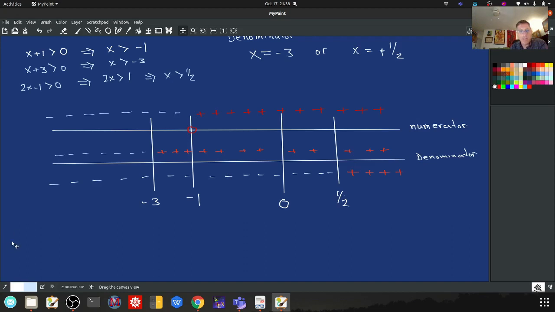So if I start down here and go from minus infinity to minus 3, I have a negative times a negative, which is a positive, and we have a negative multiplied by that. So over this interval it's negative.